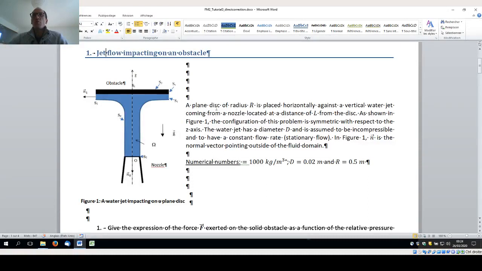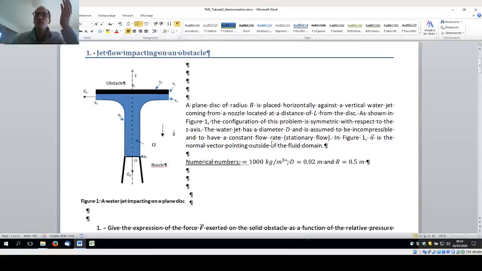So you have a plane disk of radius r. So this is a disk. You have an axisymmetric revolution around the z vertical axis, and you have a water jet with a circular nozzle, where the flow is getting out and is impacting the solid surface.